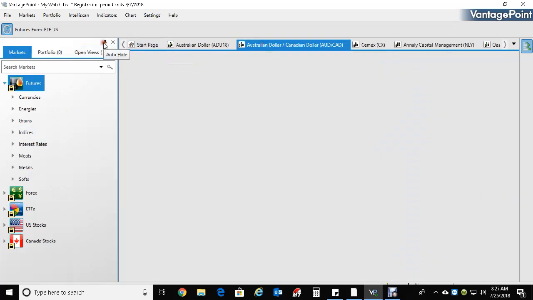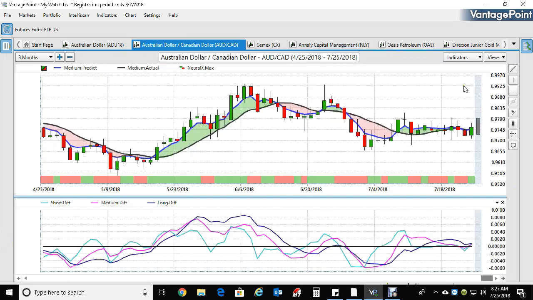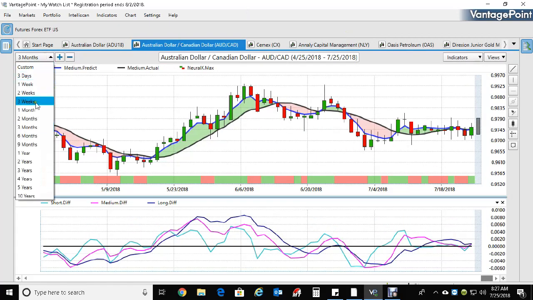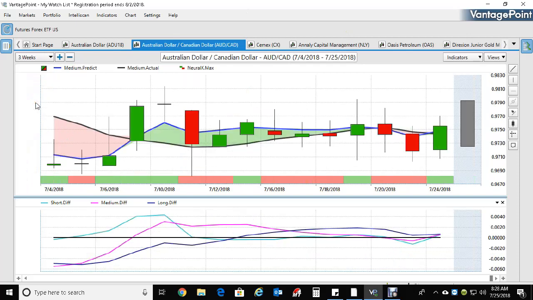Okay, now let's look at this other chart. So we're going to zoom in, and you're going to tell me what you see. Okay, so on a short term, the neural index shows that it's a long trend. The blue line is crossing over the black line. So that's a caution indication there.